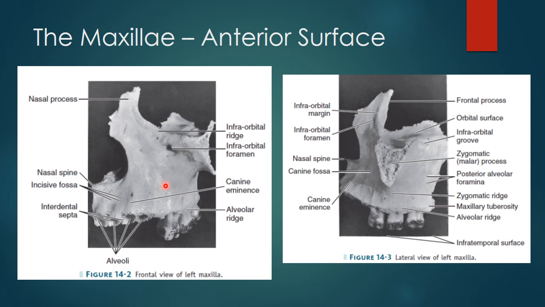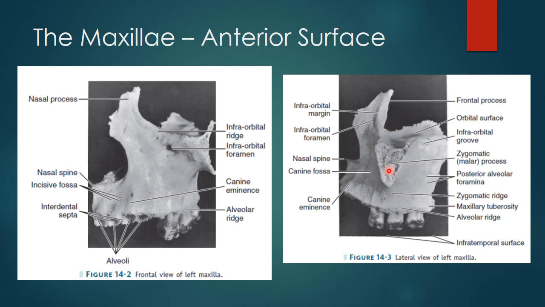The anterior surface of the maxilla is separated above from the orbital aspect by the infraorbital ridge here. Medially, it is limited by the margin of the nasal notch, and posteriorly, it is separated from the posterior surface by the anterior border of the zygomatic process. This is the zygomatic process.